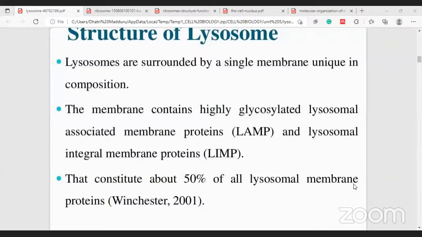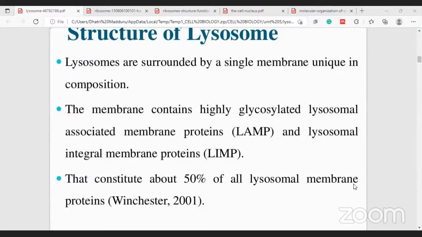In the plasma membrane also we see membrane associated proteins or peripheral proteins, and integral proteins. Integral proteins pass through the membrane, and peripheral proteins or membrane associated proteins are loosely attached to the membrane. In the same way, in the lysosome we can see transmembrane or integral membrane proteins as well as membrane associated proteins, but these are very specific to lysosomes.